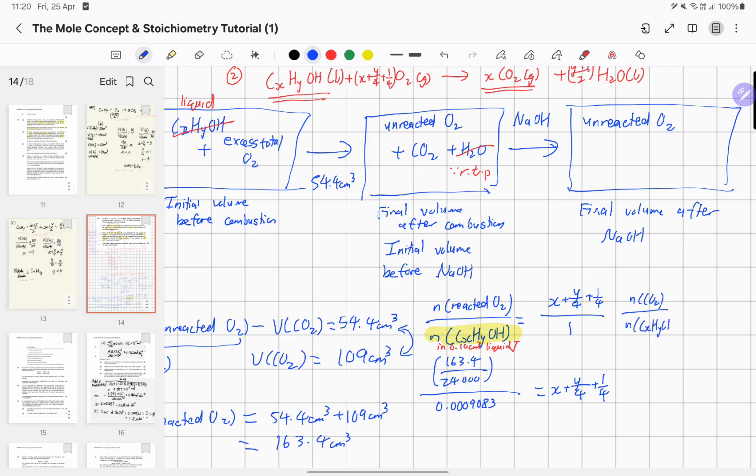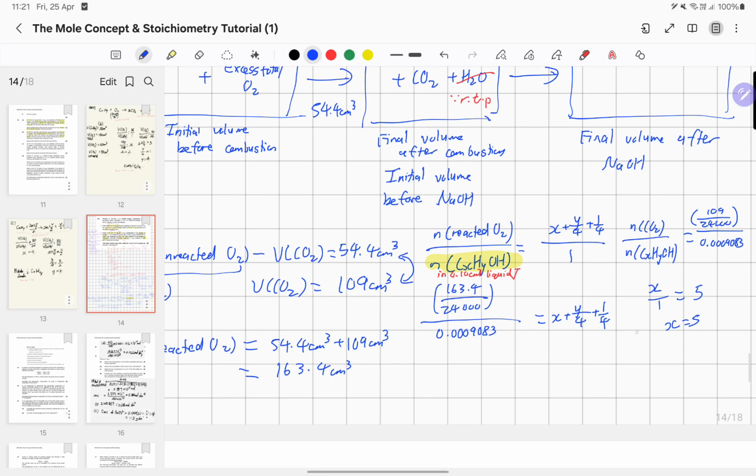This is 109 divided by 24,000 over 0.000983. Okay, so once you've done that, you actually get x over 1, which also equals 5.